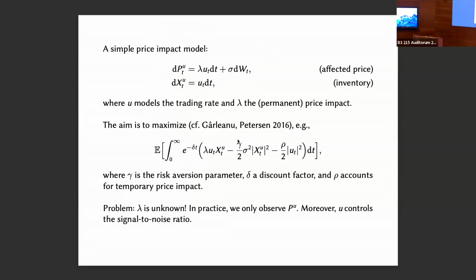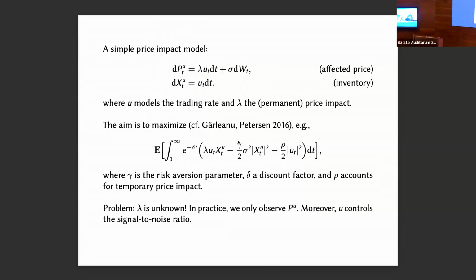And what makes the situation even worse, you have control over the ratio of the signal, so the lambda times u. You can make that larger in comparison to an increment of the Brownian motion by choosing a large value of u, or you can make it smaller. So you're controlling how much you see of lambda, basically.